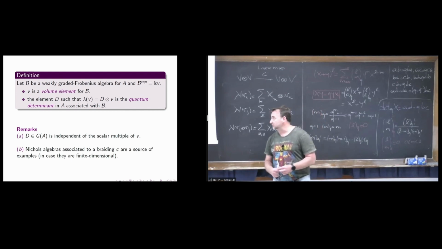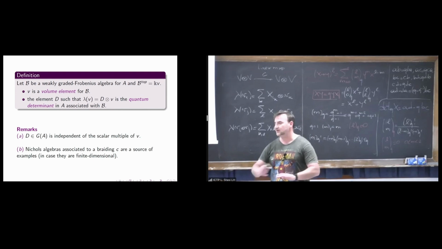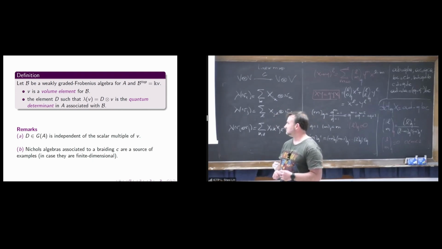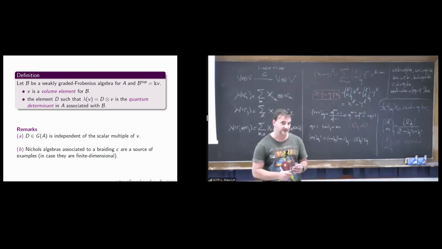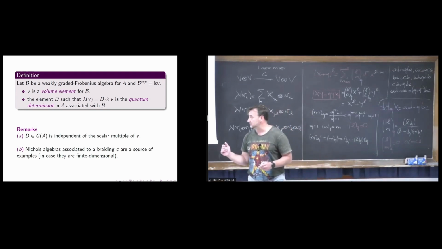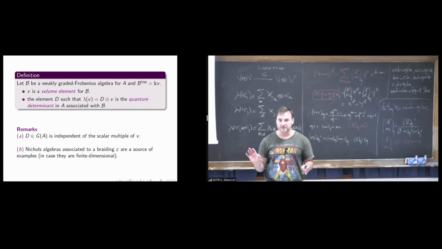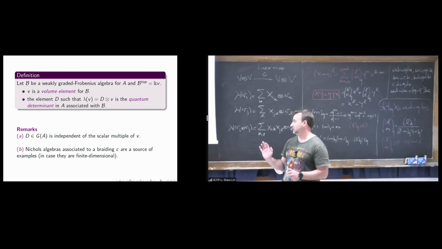And as I told you before, we have a lot of examples of the algebras B in case they are finite dimensional. And I'm cheating here because finding that a Nichols algebra is finite dimensional, I'm not going to give to you the definition of Nichols algebra because it takes too long.